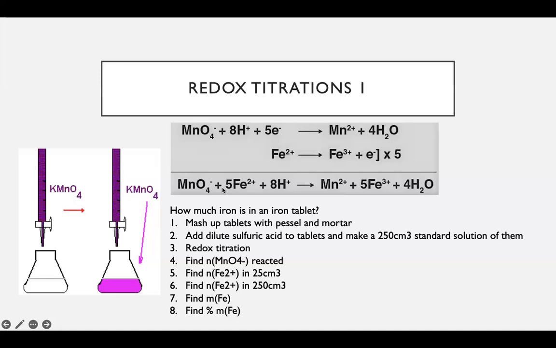So a redox titration is the same principle as a normal acid-base titration. What you're doing is using a chemical in a burette that you know the concentration of. So you would know how concentrated the potassium permanganate is, and you're adding it to a different chemical in a conical flask until you get the color change.